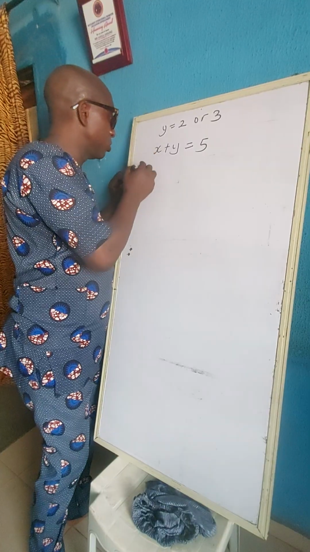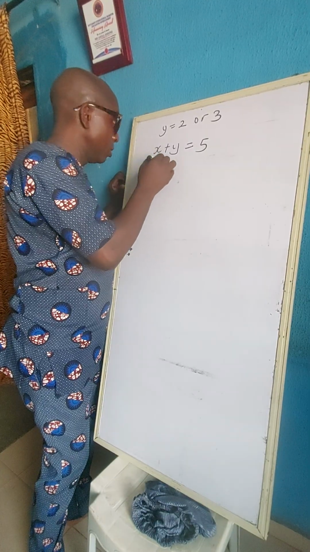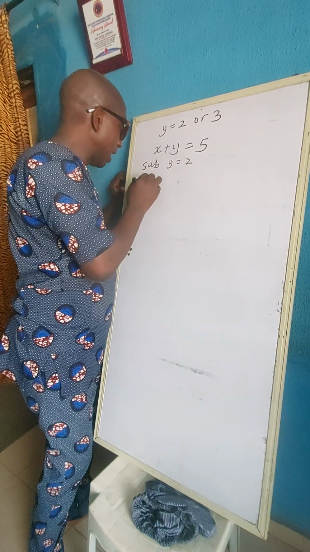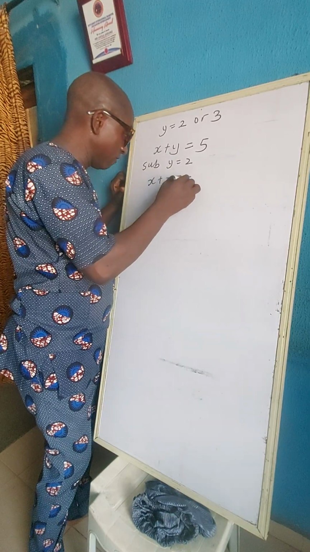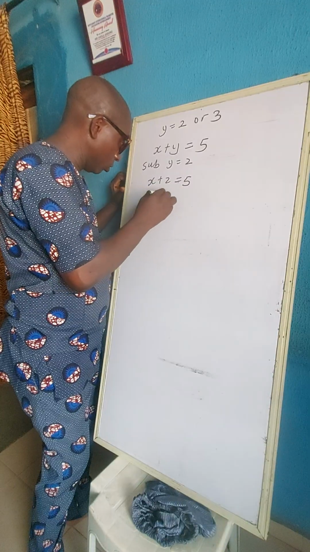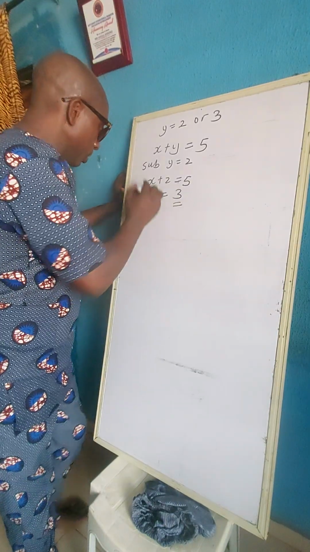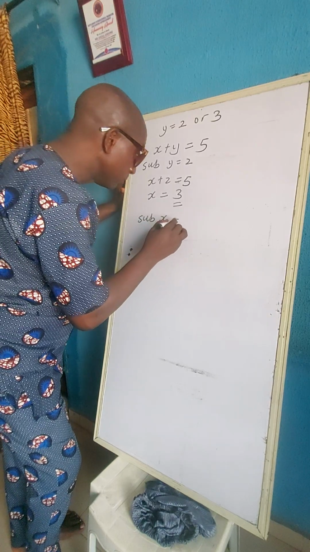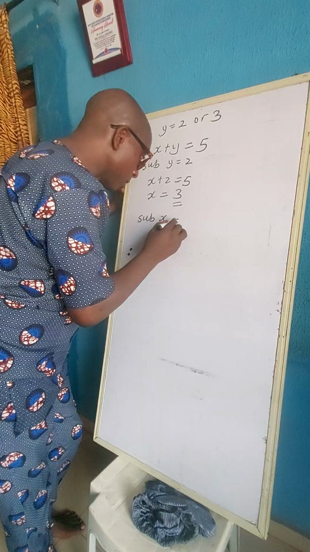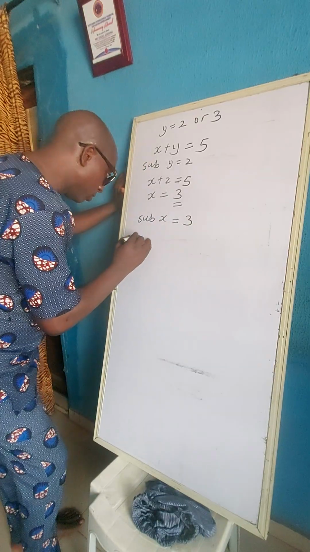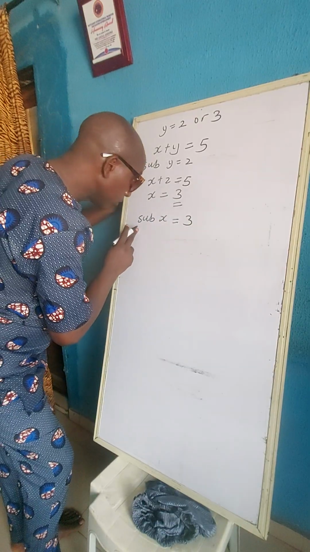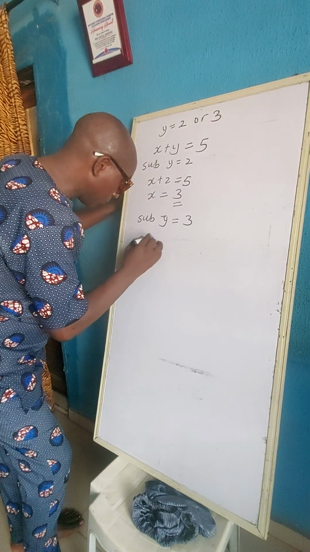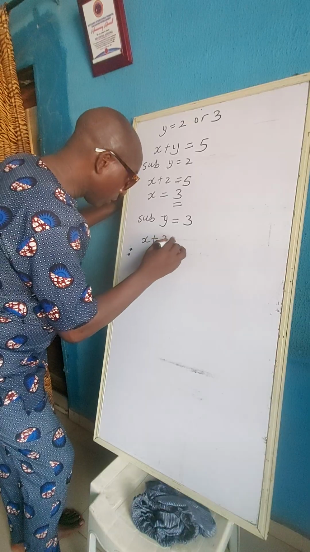Once you substitute, solve. y equal to 2 means x plus 2 equal to 5. That means your x equal to 3 there. When y equal to 3, it means x plus 3 equal to 5.